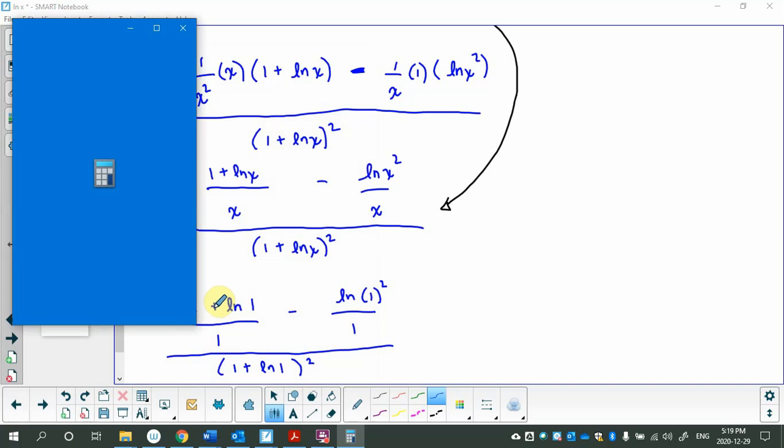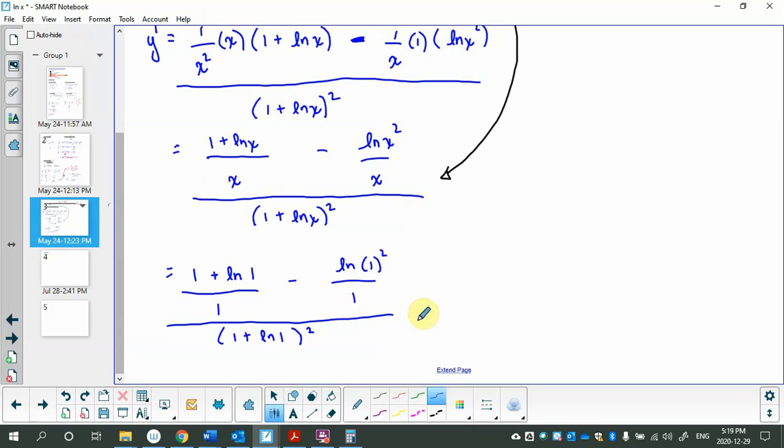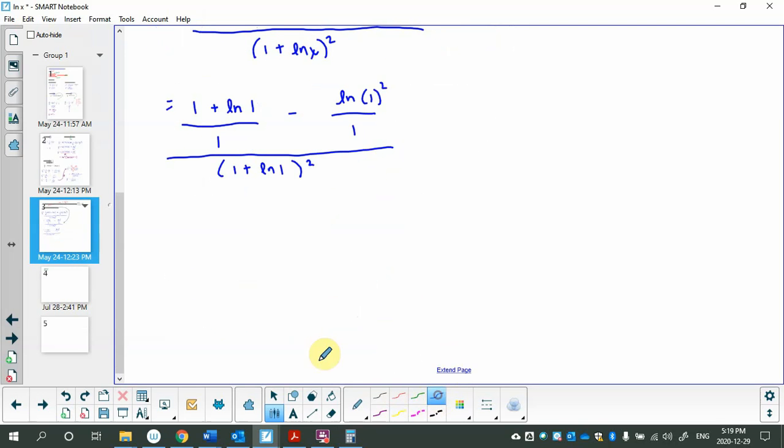Now remember, my calculator's backwards. 1. Hit the ln button. Oh my gosh, that's amazing. Anytime I see ln 1, it's 0. So that's 1 plus 0 over 1.